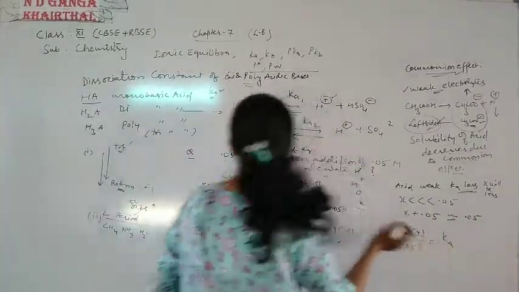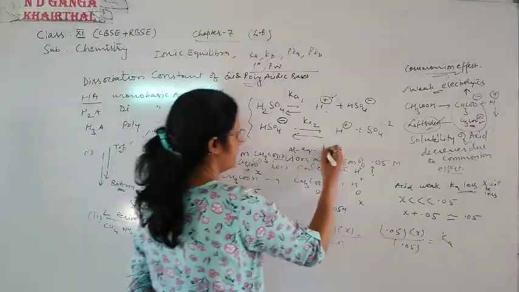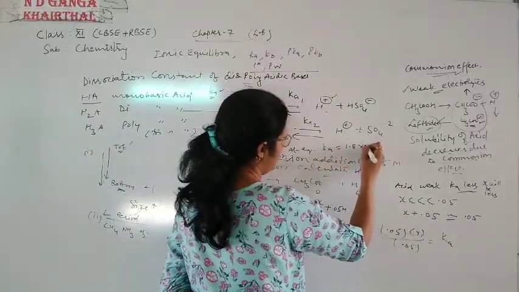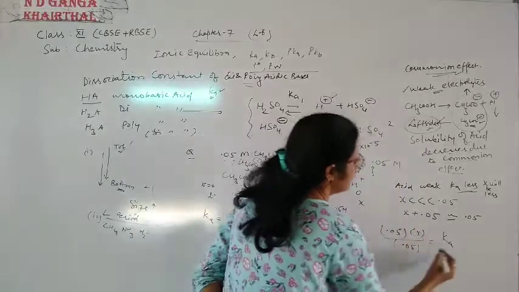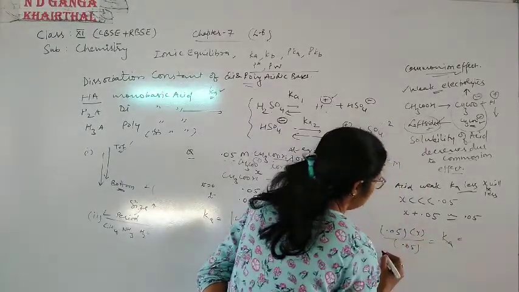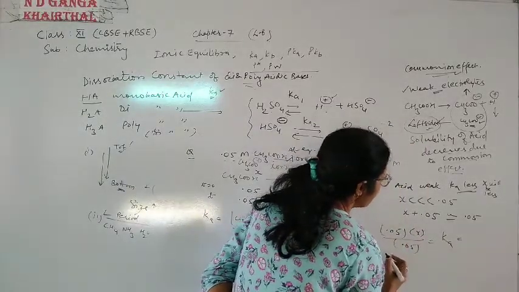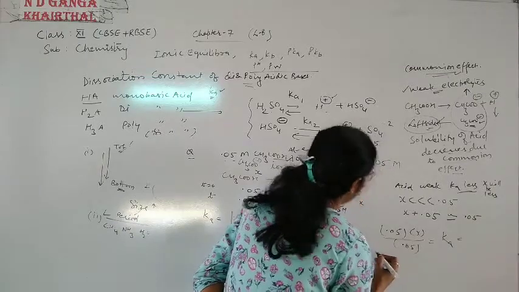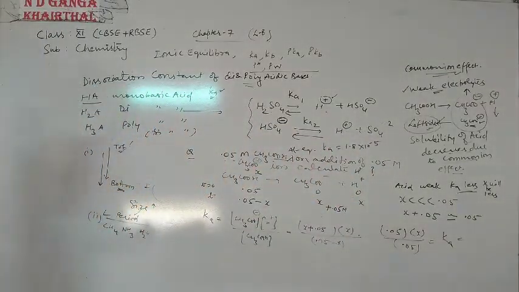And if Ka is given, if Ka is 1.8 into 10 raised to power minus 5, then we can calculate this.